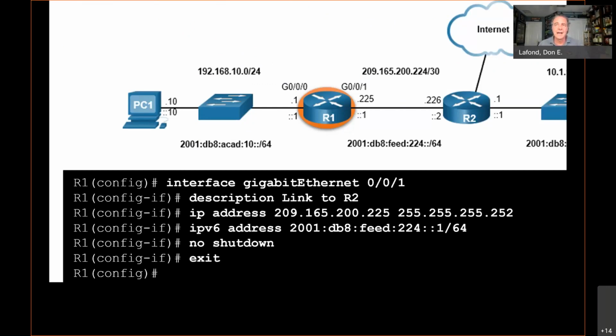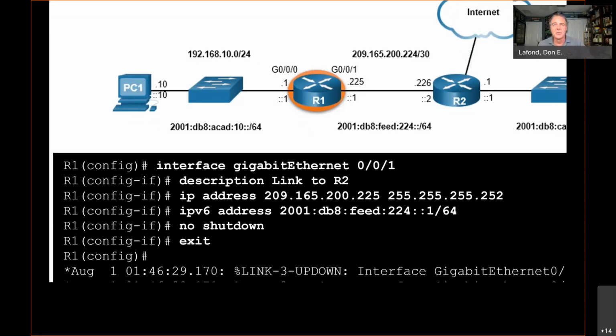It's common to use a /30 network for serial interfaces, point-to-point interfaces between routers. You only need 4 addresses, right? The network address, 2 addresses for each side of the connection, and then the broadcast address. Here is the network. It's the 224 network, ::1.